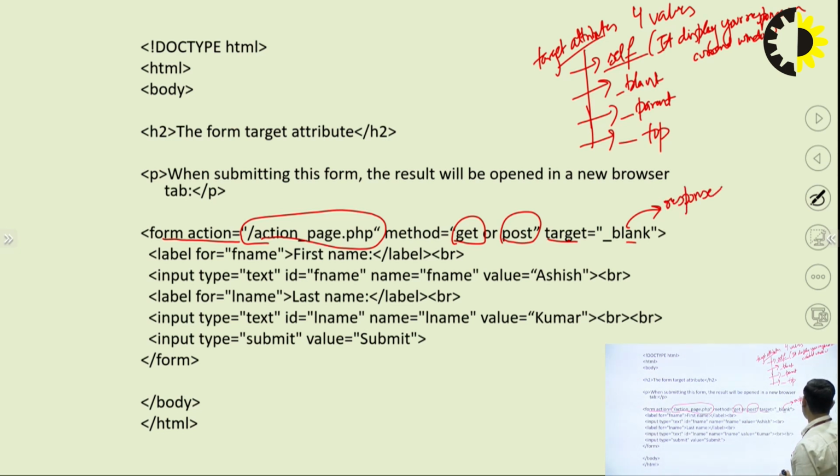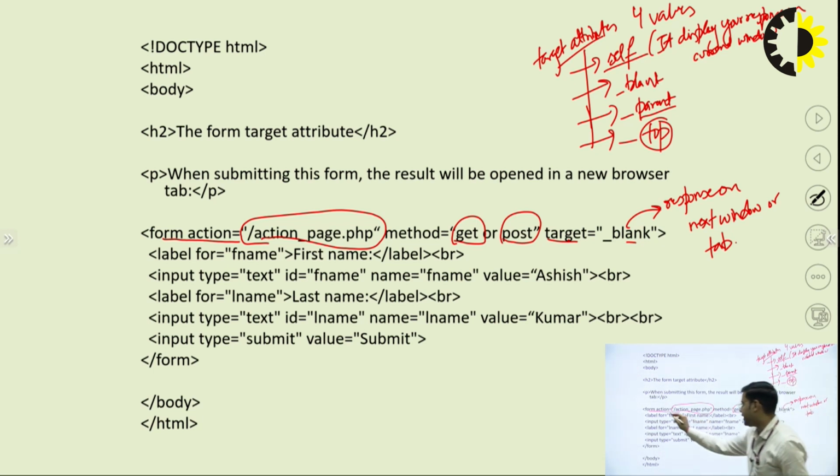The parent specifies the response on a parent window, and through the top value, it responds on the whole window of your web page.